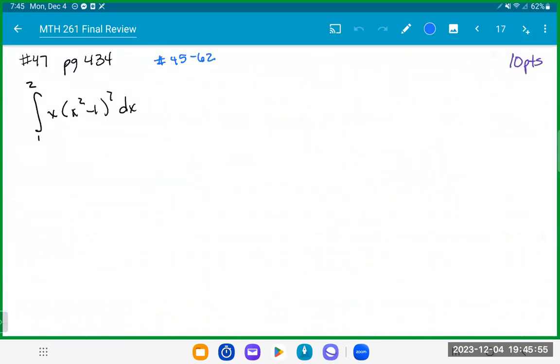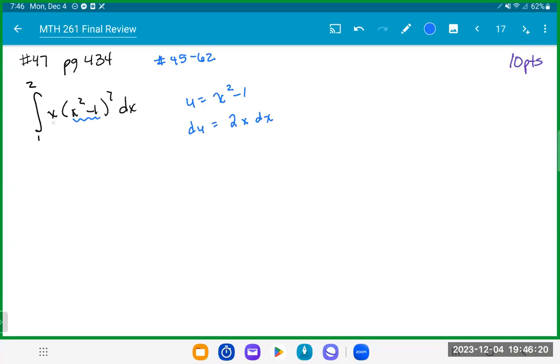Okay, the last type of problem that you'll see on the exam is the ones, if you remember last class period, where we were looking at substitutions. In this case, if we let u equal x squared minus 1, then our du needs to be the derivative of that, which is 2x dx.